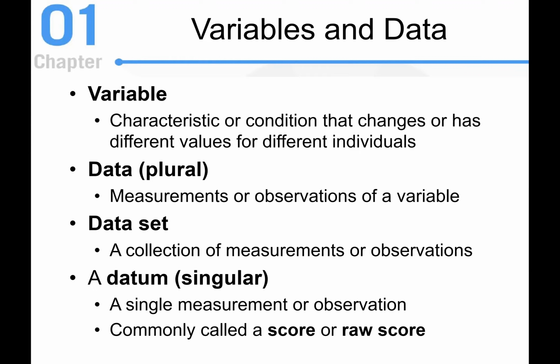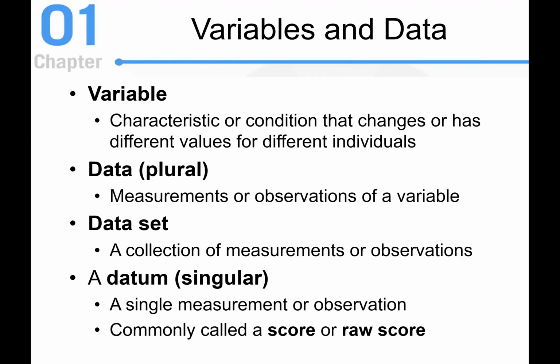So the next term is what's called data, and that's a plural term. All right, data is plural, and it's the measurements or observations of a variable, right? So if I have a class, right, and I take the whole class's measurements in relation to their height.